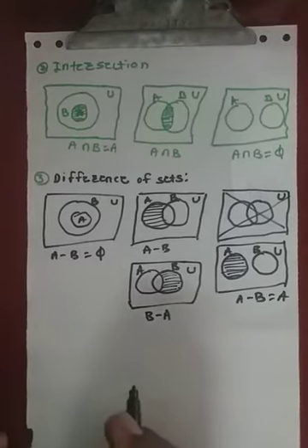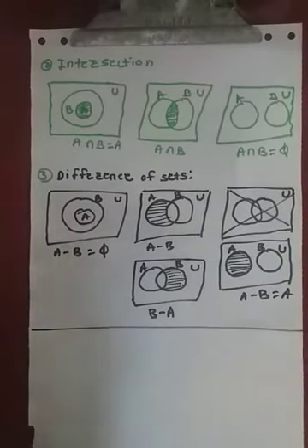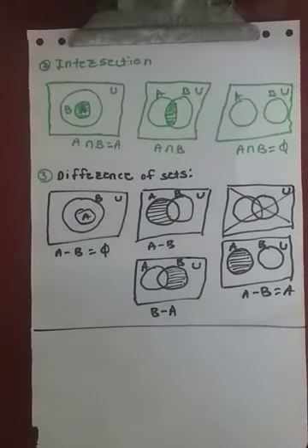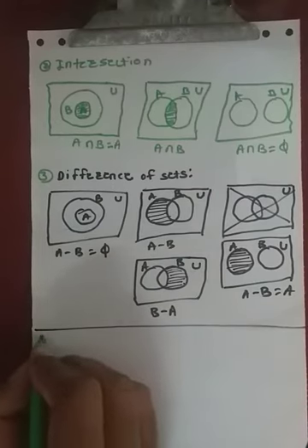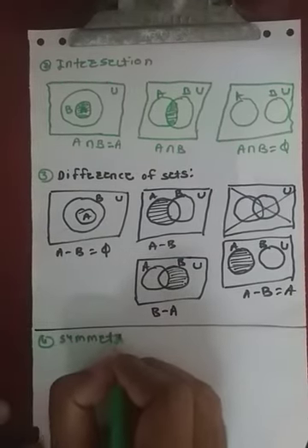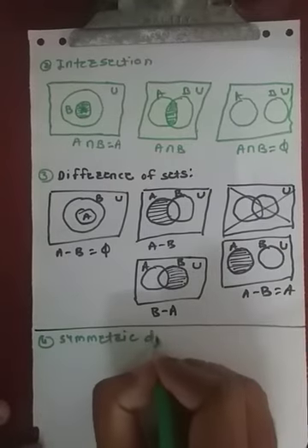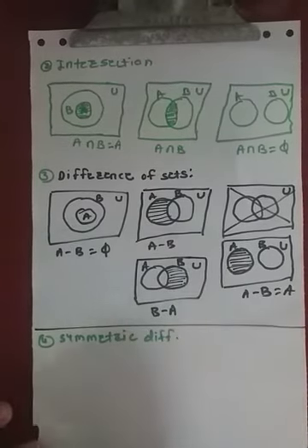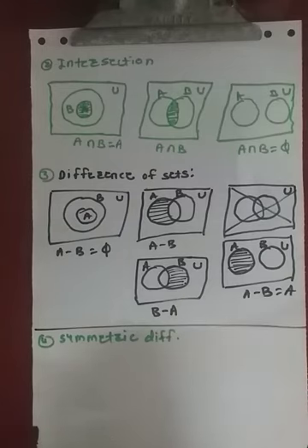So next one, the fourth one, is nothing but symmetric difference. Symmetric difference is also represented by using Venn diagram.